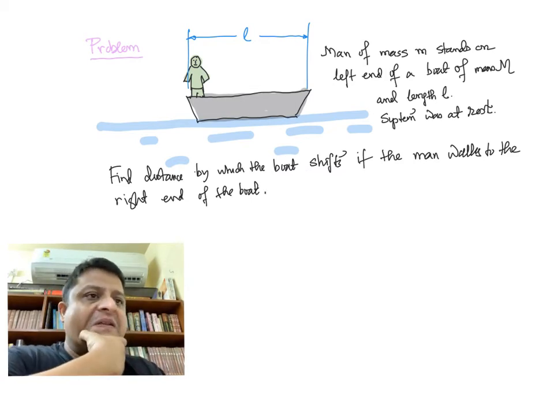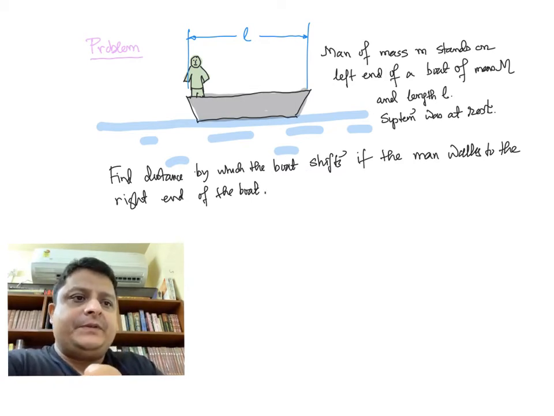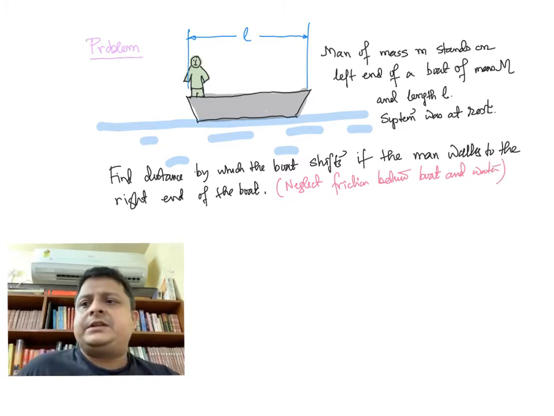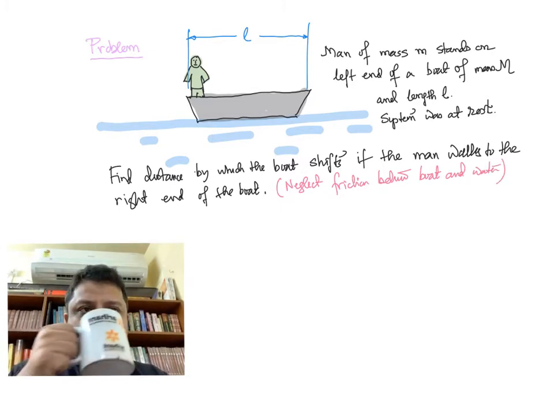Now how to solve it? So we'll begin the solution here. One more thing is given. Neglect friction between boat and water. I mean, it is as good as a frictionless horizontal surface.